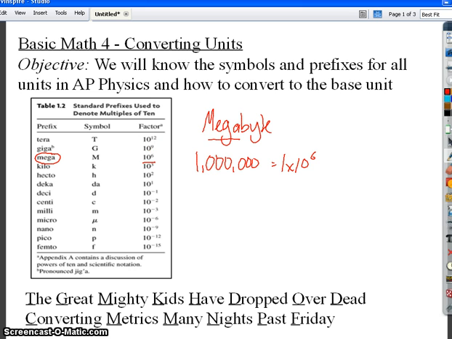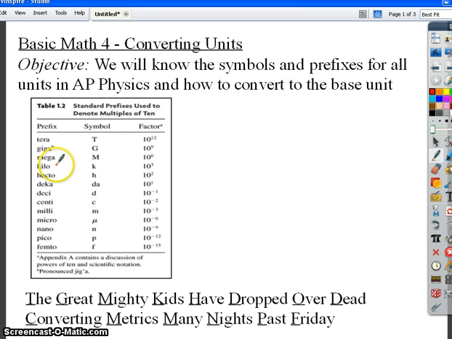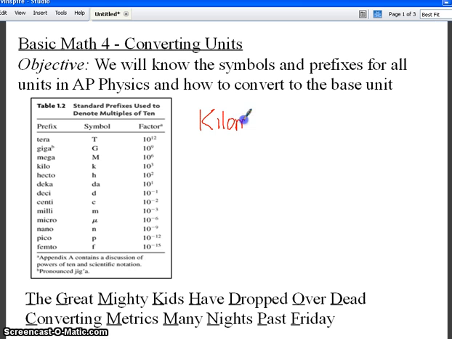So this is just to give you an example of what these prefixes mean. A kilometer is 1,000 meters, or 1 times 10 to the third meters. And if you don't know your scientific notation, you will watch those videos next, so don't worry about that. So these are examples of what these prefixes mean.